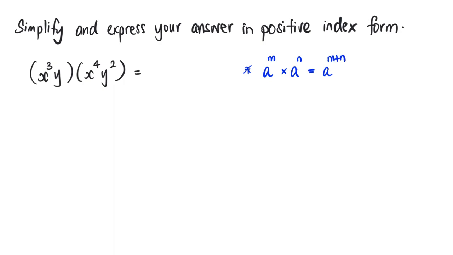So for this, I have identified my x, and therefore you will see me writing x to the power of 3 plus 4. For my y, do take note, if there's no power, it is actually power 1. So y will be power 1 and power 2. I add them out to give me my final answer, x power 7, y power 3. And that will be the answer for this question.